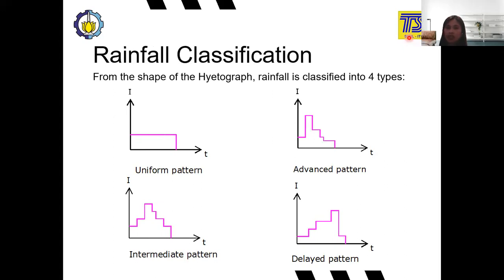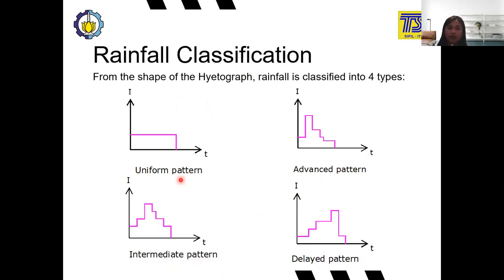So here we have rainfall classification of 4 types. The first one is the uniform pattern, and then the second one is the advanced pattern. The third one is the intermediate pattern, and the last one is the delay pattern. This rainfall classification is based on the shape of the hyetograph.